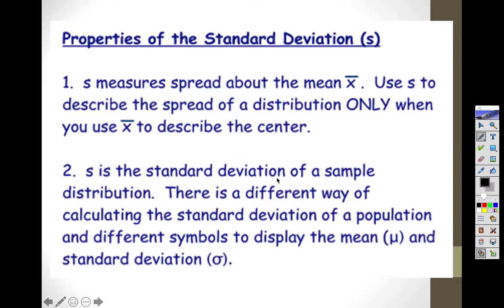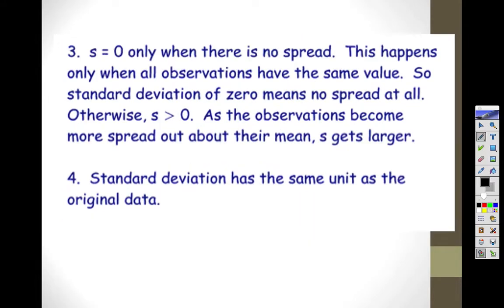Standard deviation of a sample, okay? We have different ways of looking at population standard deviations using different symbols that we won't need again till next chapter. So for now, Sx is the standard deviation. Standard deviation can only equal 0 if there is no spread at all. What does that mean?